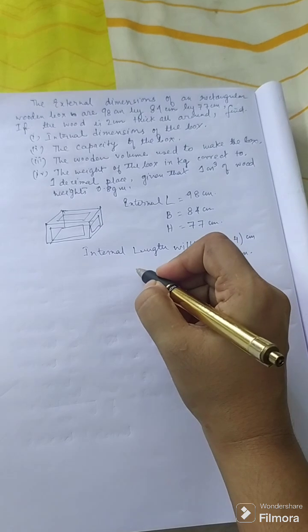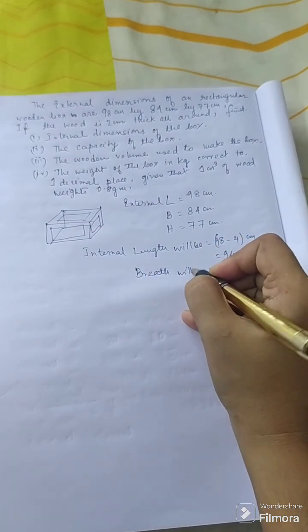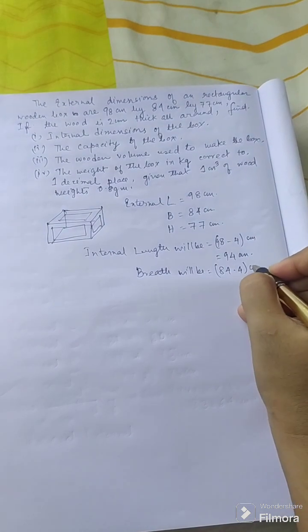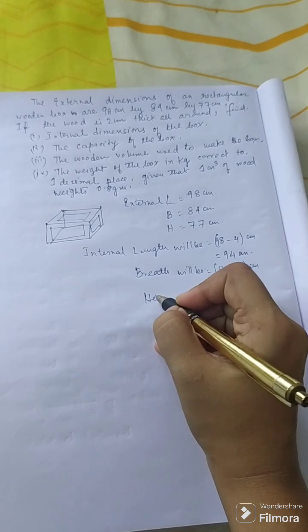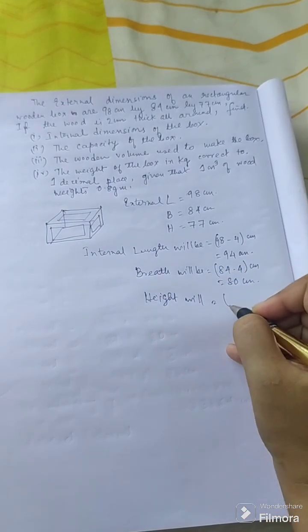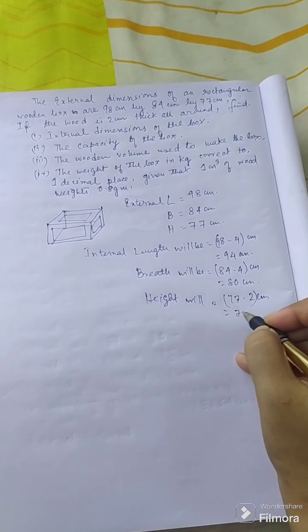The breadth will be 84 minus 4 centimeter, that is 80 centimeter, and the height will be 77 minus 2 centimeter, that is 75.